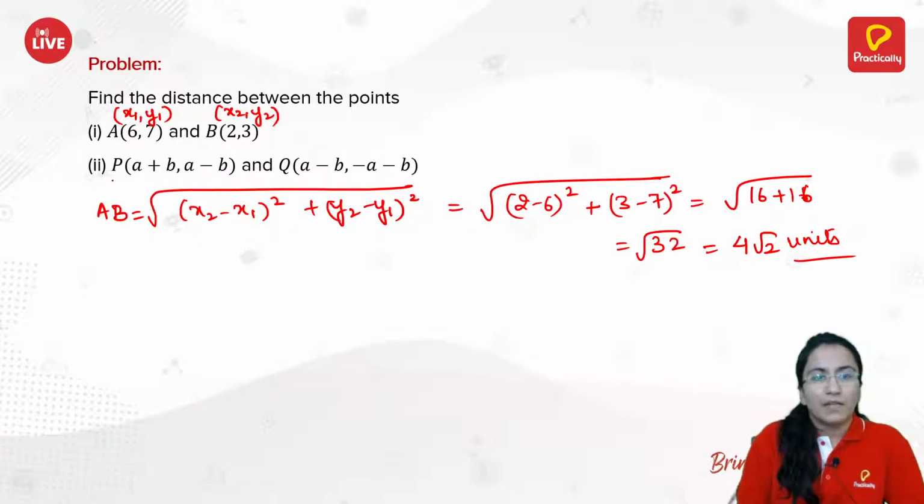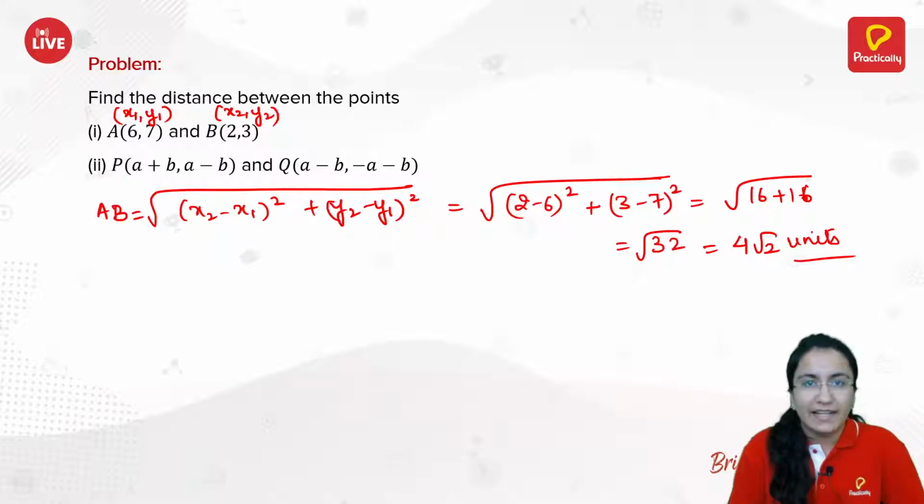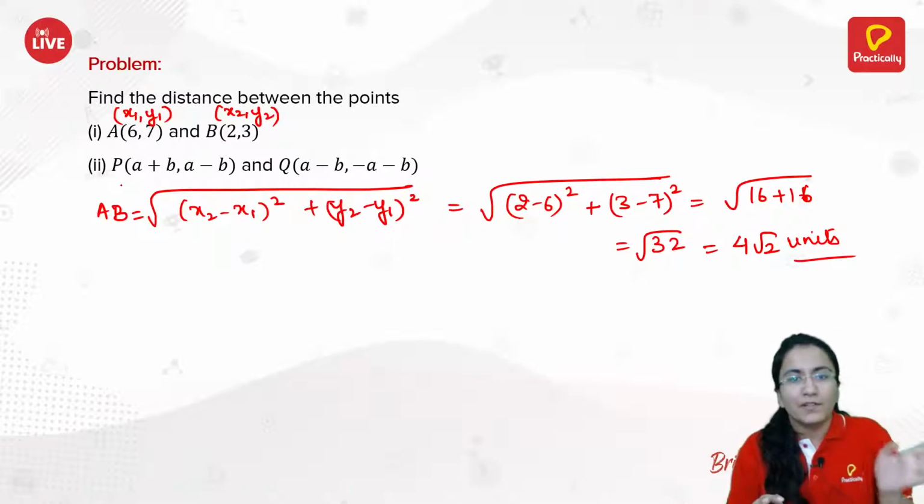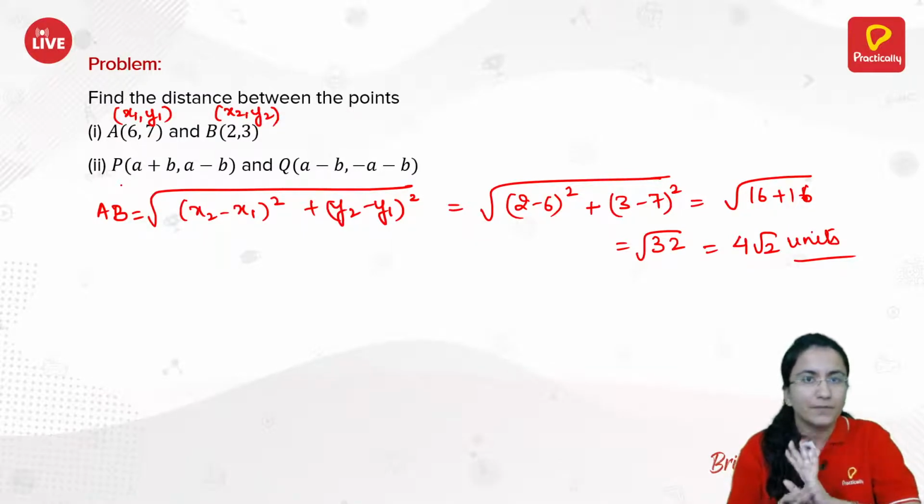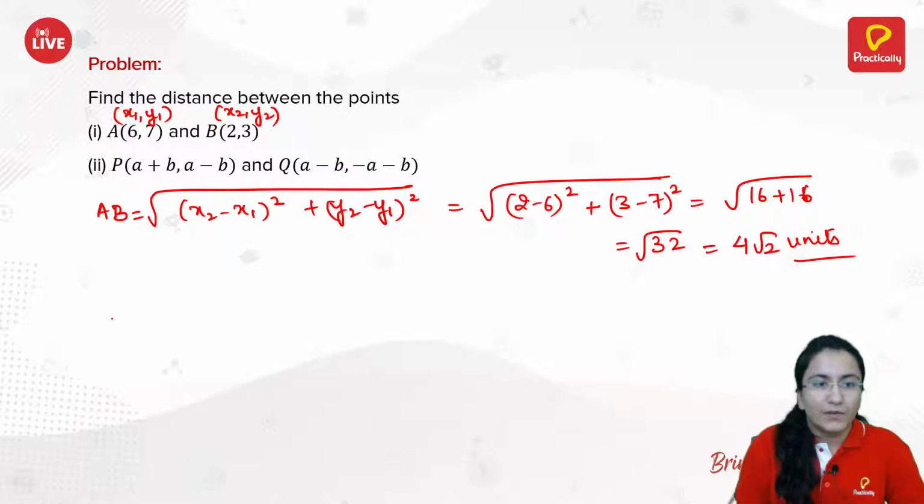Next you need to calculate the distance between these P and Q. Easier to calculate because here you just have variables. So whatever you get as your answer in variable form, in terms of a and b, just leave it that way. Okay. So PQ, this is what you require.